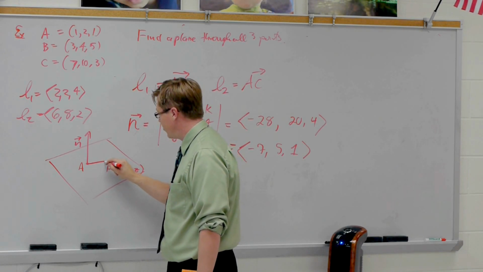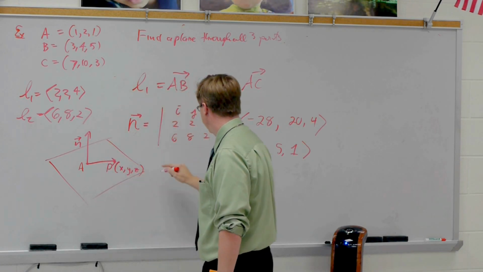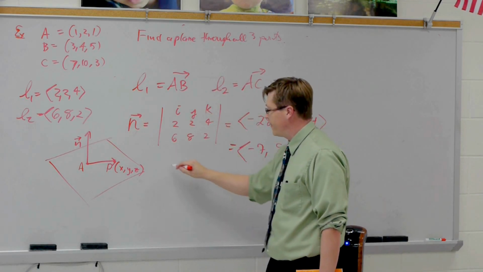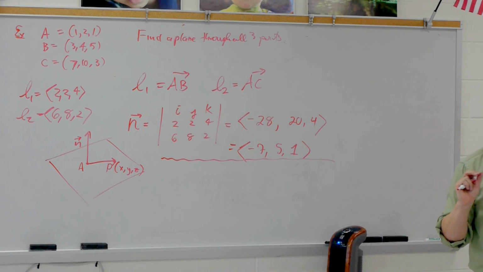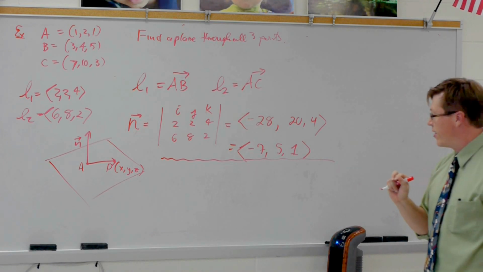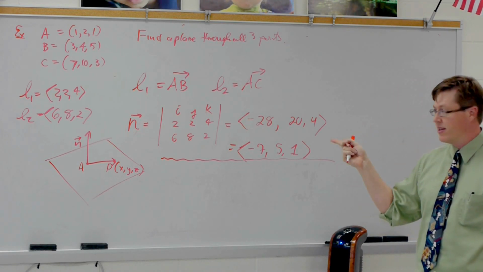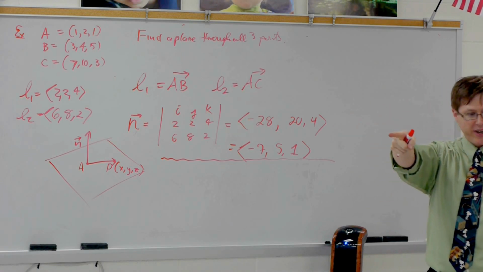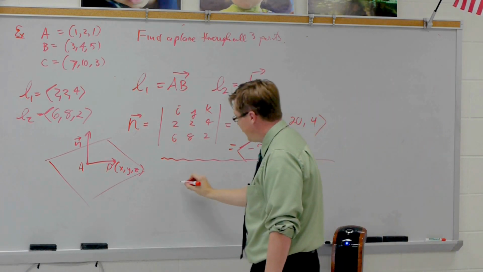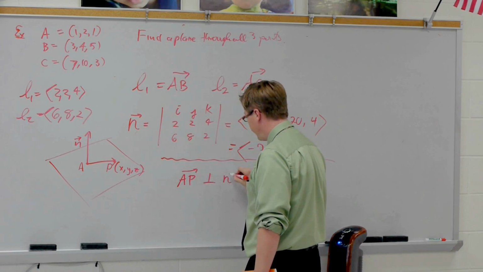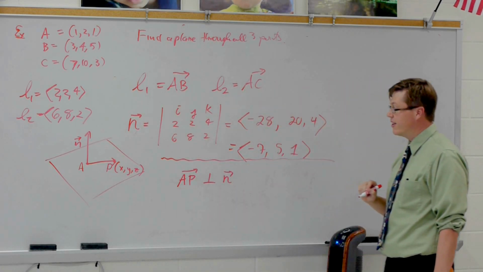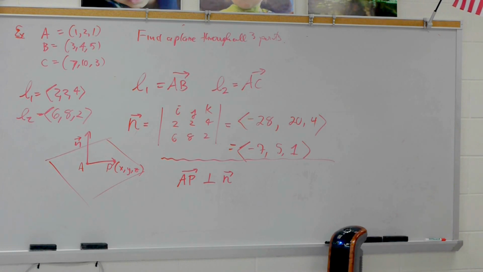So let's draw the vector between those two, A and P. What can we say mathematically or geometrically? It'll be perpendicular to the normal vector. Exactly. AP is perpendicular to n. And that's enough to write an equation.